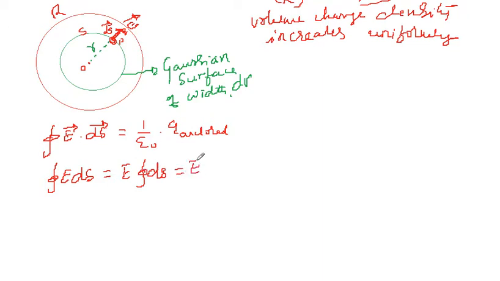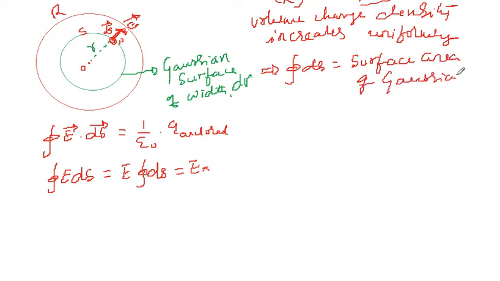This closed integral of dS is nothing but the total surface area of this Gaussian sphere, which is 4 pi r squared. Okay, so this is the LHS.